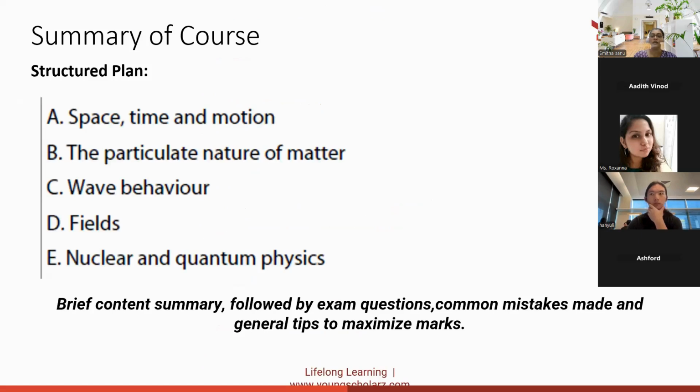Now let's come to the change in the new pattern. In the new pattern, the entire syllabus, which was 12 topics, is now divided into 5 main categories, which is theme-wise. Theme A is space, time, and motion; basically mechanics, which was chapter 2 till last year.